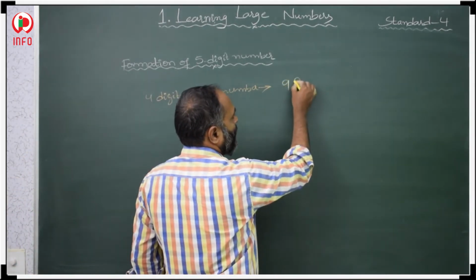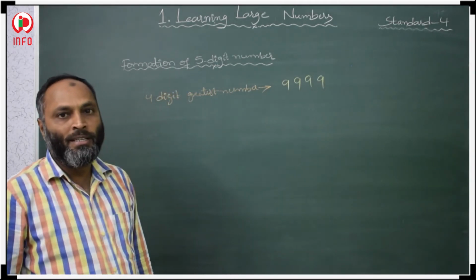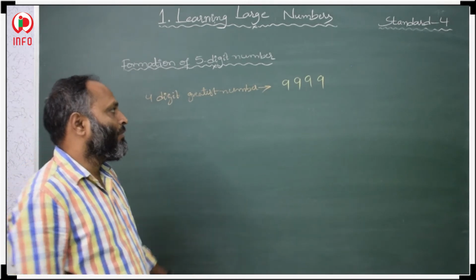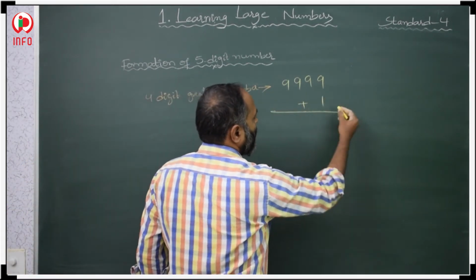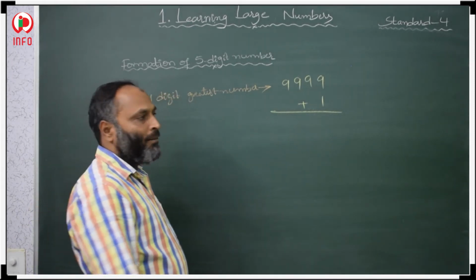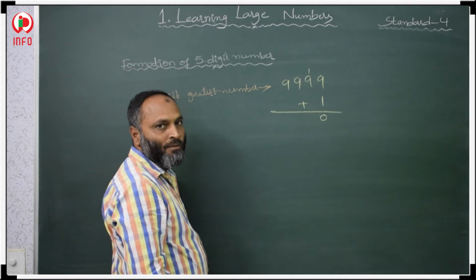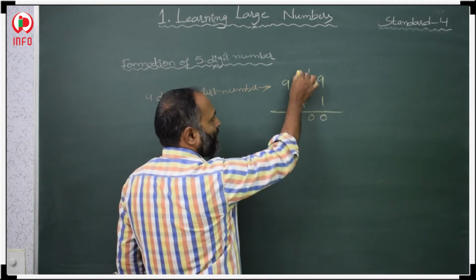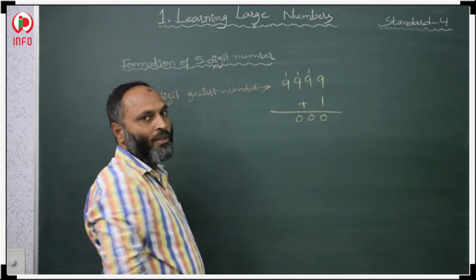Then we take 4 nines, 9999. This is our 4-digit greatest number. So for this number, if we add plus 1, then what happens? 9 plus 1 is 10. 10 means 0 here and 1 carried.